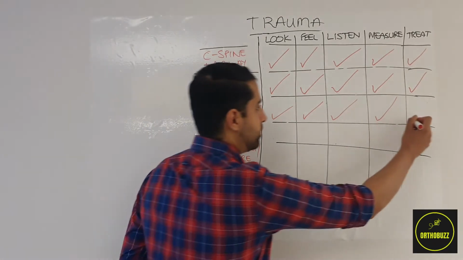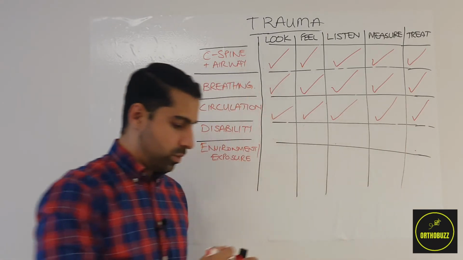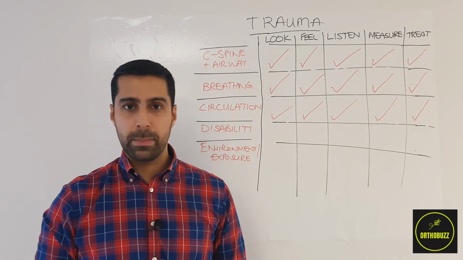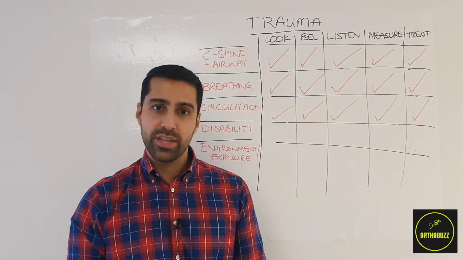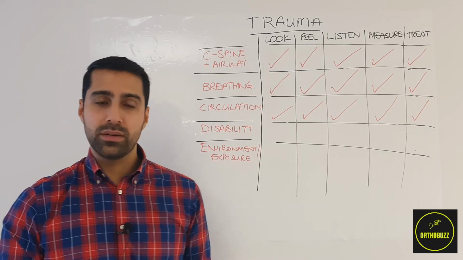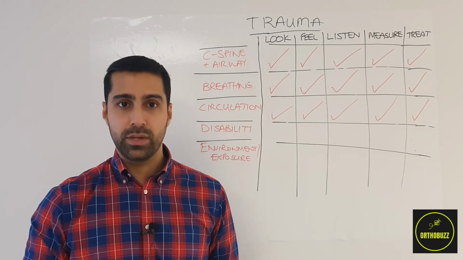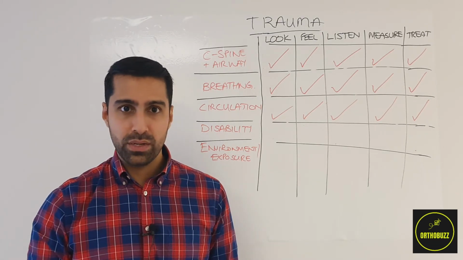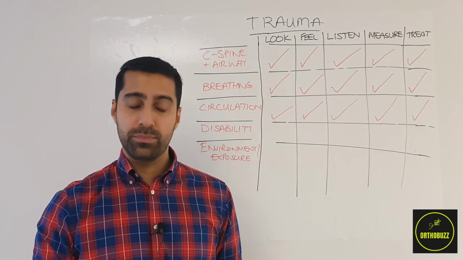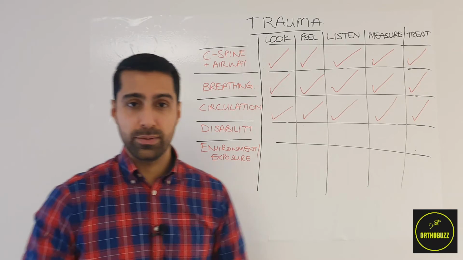After doing this, we would carry out any other treatments that are required and then move on to disability. Now, in disability, we want to look at the patient and see whether we can see any signs of obtunded mental function. So if the patient is unable to speak to you, is unconscious, this could all be signs that they have obtunded mental function.